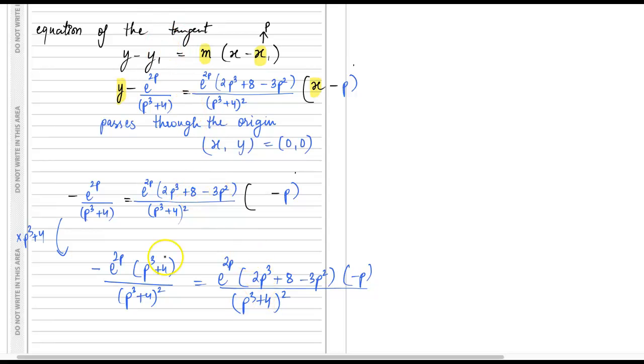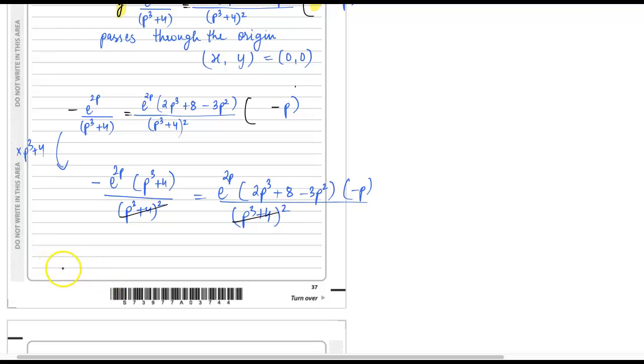So this would be cancelled, same. Now we will be left with a negative e to the power 2p, p cubed plus 4, that equals 2 e to the power 2p, in brackets we have 2p cubed plus 8 minus 3p squared, the other bracket minus p.